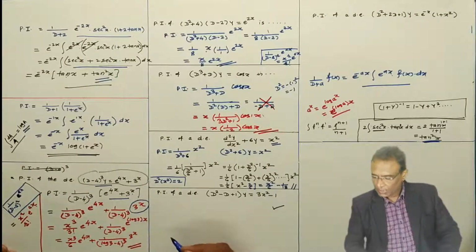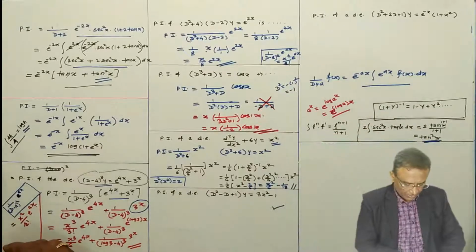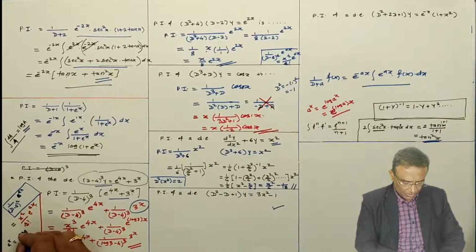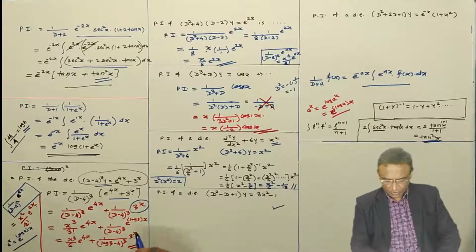Therefore, this 3 to the power x can be written as, or a to the power x can be written as e to the power log of a into x. 3 to the power x can be written as e to the power log of 3 into x.